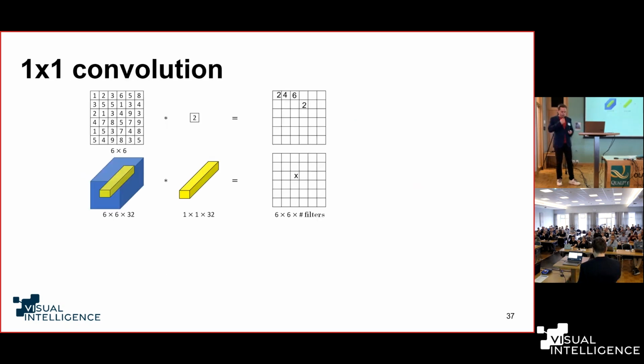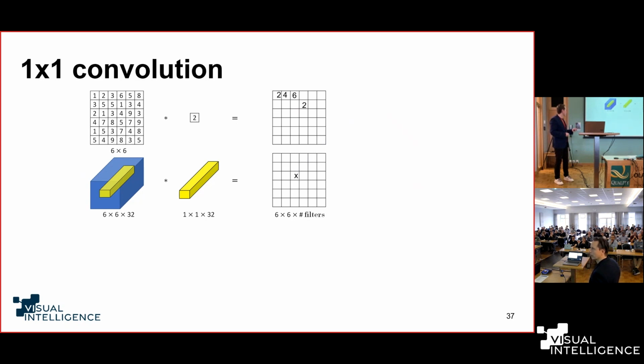Okay, there's something called one-by-one convolution that is also very useful. Normally, if you take a convolution with a number, we're just multiplying it. But here I'm doing a one-by-one by, let's say, 32. And that means taking the inner product across the channels. So I have a response here.